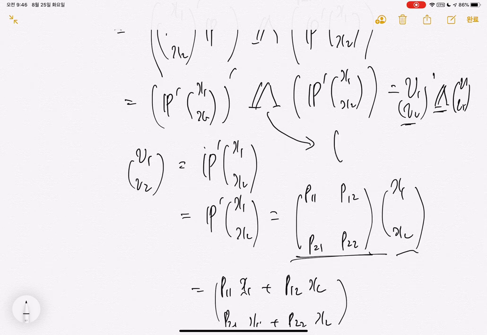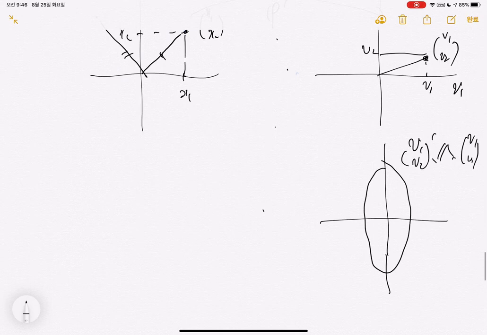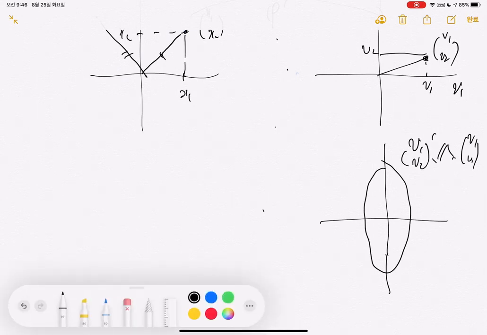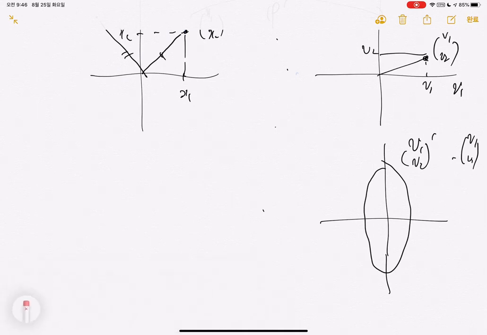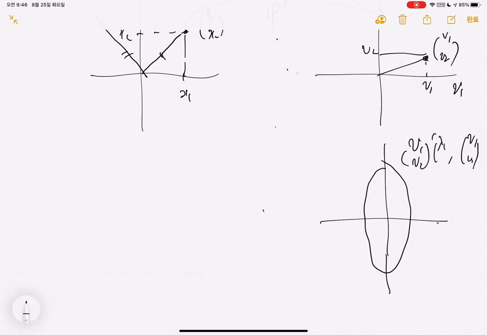So lambda has this form lambda 1, lambda 2, 0, 0, where lambda 1 is greater than 0, lambda 2 is greater than 0. So here this quadratic form in terms of v space becomes lambda 1, lambda 2, 0, 0.